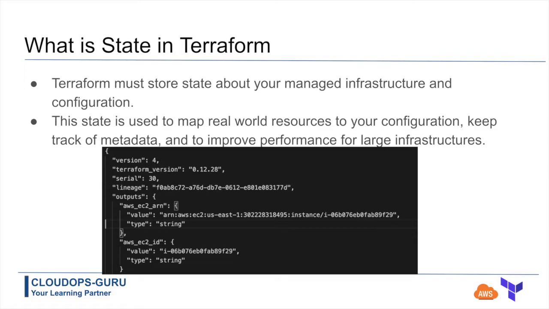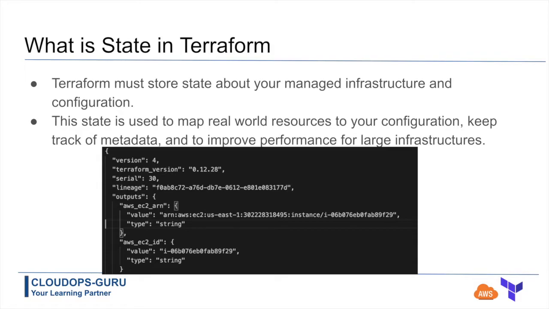When I say resource mapping, it means it includes all the information of the list of resources which you are launching in your infrastructure using the Terraform code. So this includes what the VPC ID is, which account you are launching in, what the different resources are, and what their IDs or ARNs are. All this information is stored in a file in a YAML format. It is called the state file.